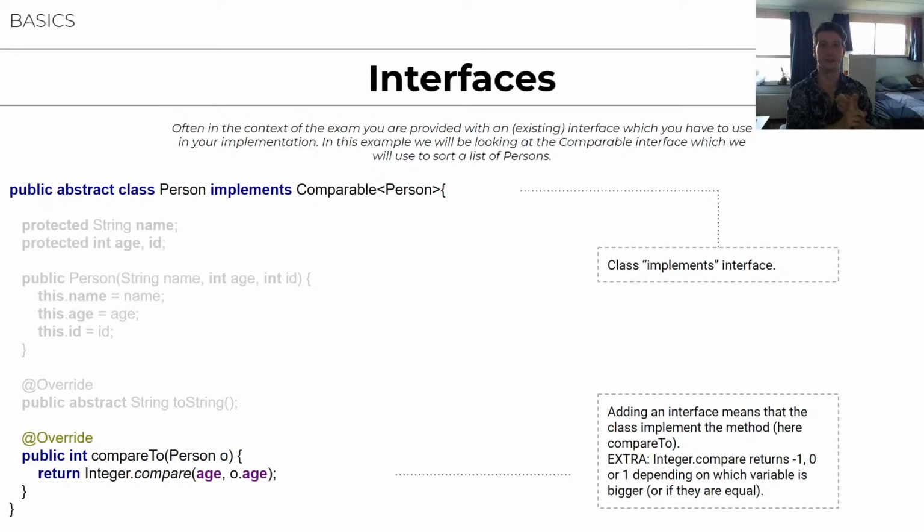If one's bigger than the other, you return something below 0, generally -1. And if the other one is bigger, you return something larger than 0, generally 1. And that's exactly what this Integer.compare method does as well. I could have also written if age is lesser than o.age, then return this, else that; Integer.compare is essentially a cheat code for that.